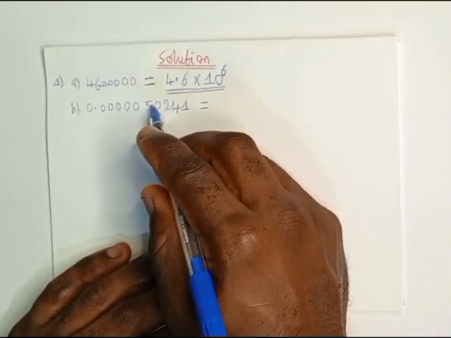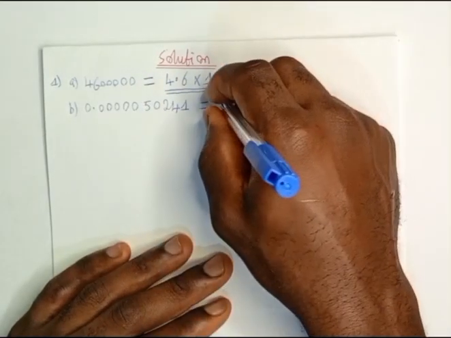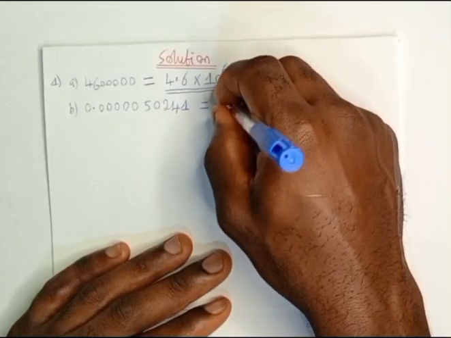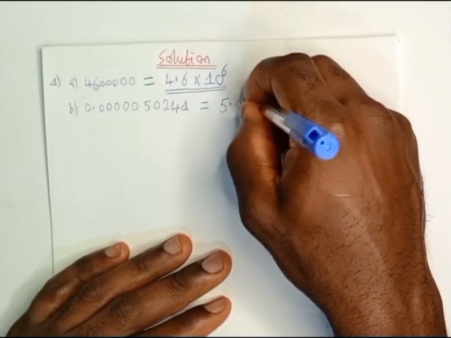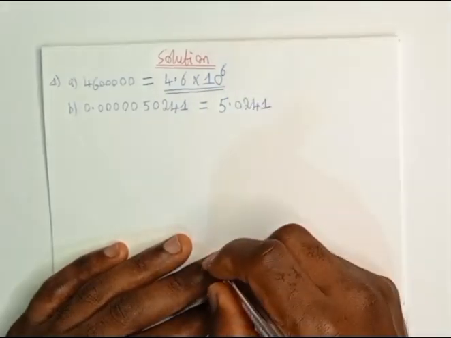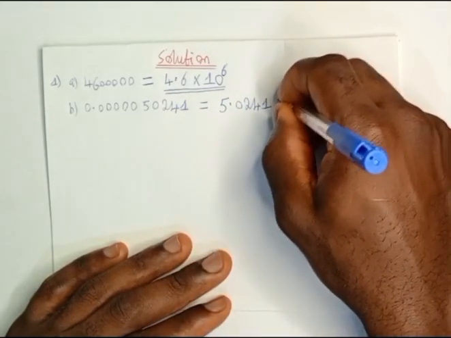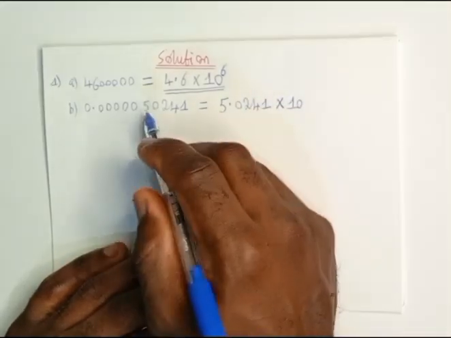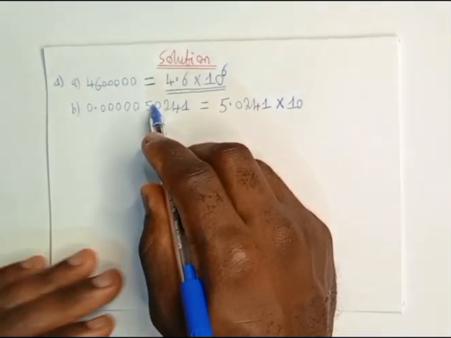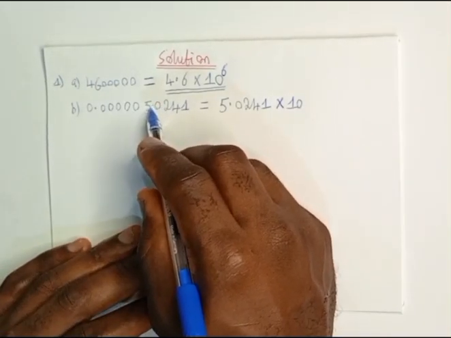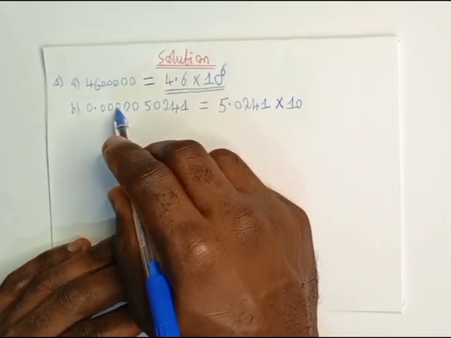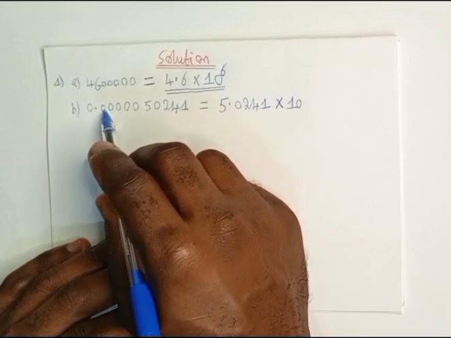That means after 5, we fix a decimal point, and this will give us our A as 5.0241, which lies between 1 and 10, times 10 to the power. In this case, we are going to count to the left. We count 1, 2, 3, 4, 5, 6. We end here.